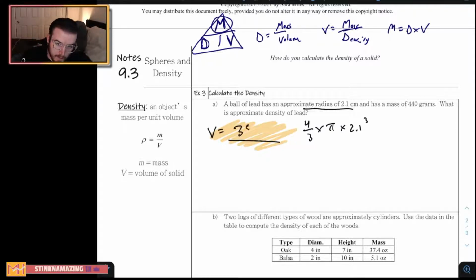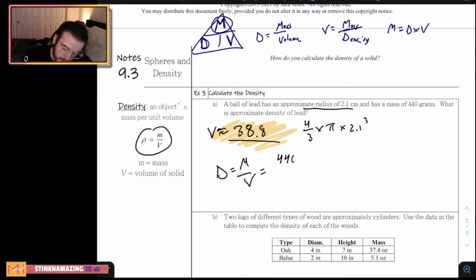I probably rounded a little bit for you just to make the answer choices easier. We'll call it an approximate 38.8. Now, what is the density of this ball of lead? Well, we know the mass is 440 grams and we know the volume is 38.8, so we can get our answer.